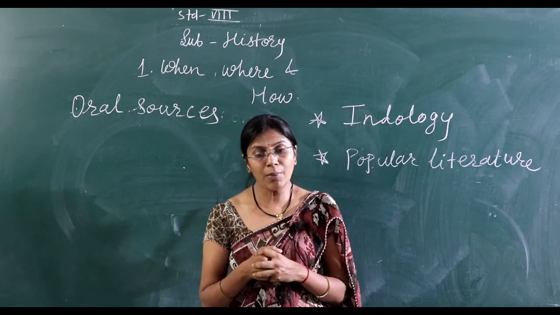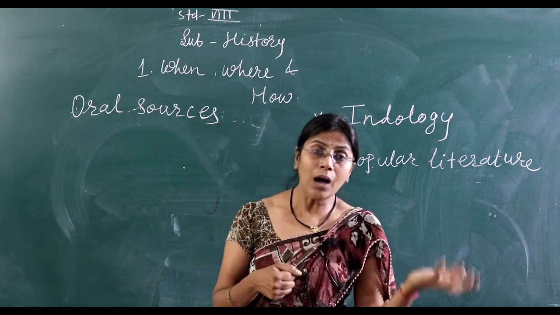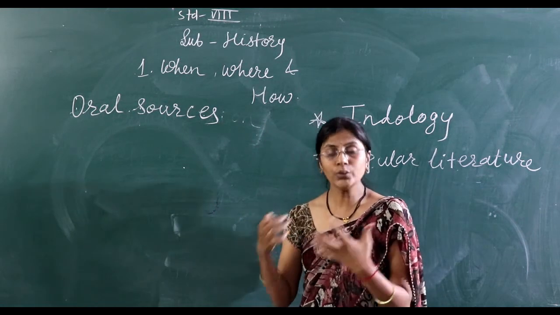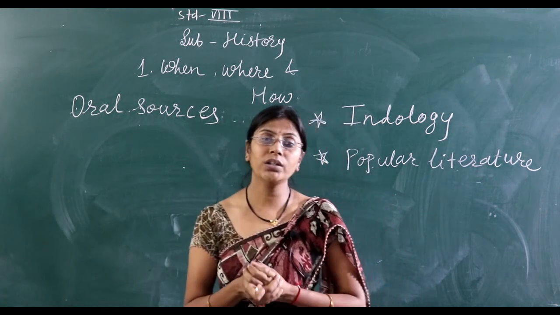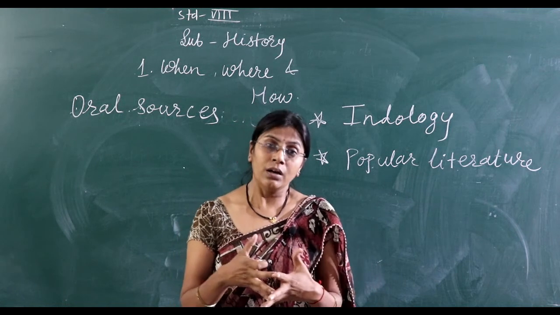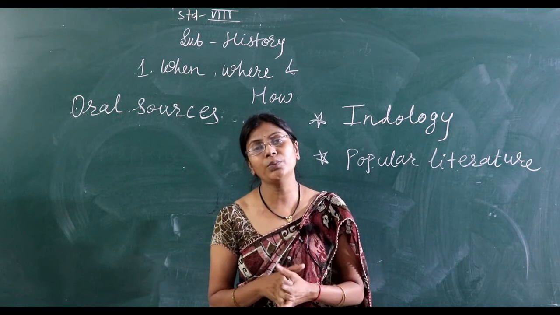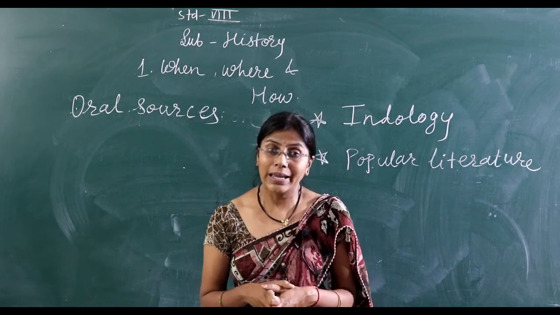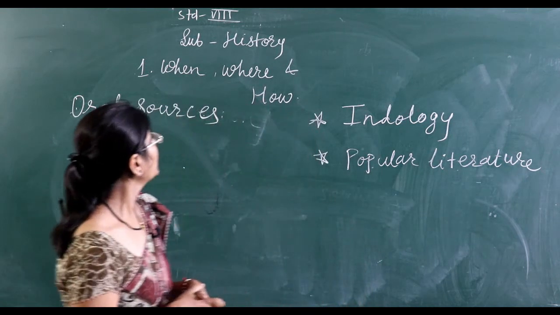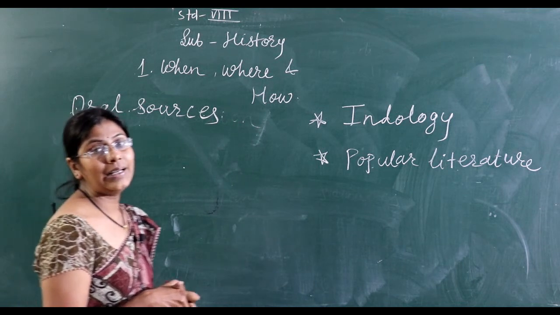This will form our approach to how the British rule was established all over India, and how they expanded their empire, from the point of view of the Britishers. Everyone knows this very well. So, when, where and how.